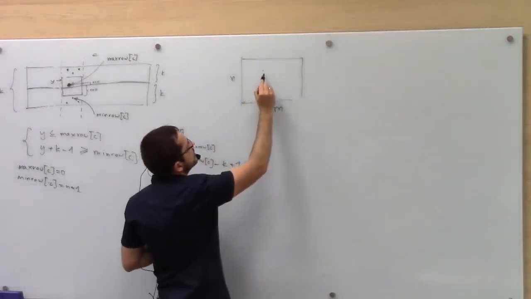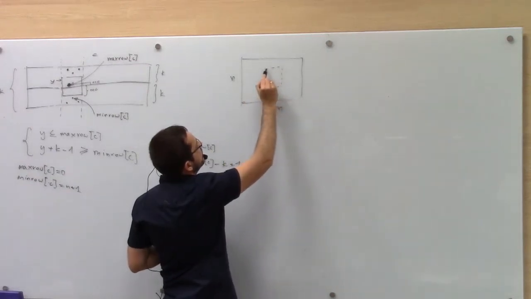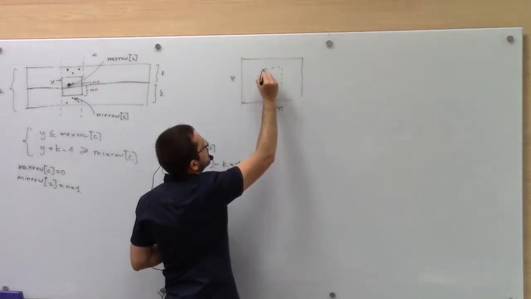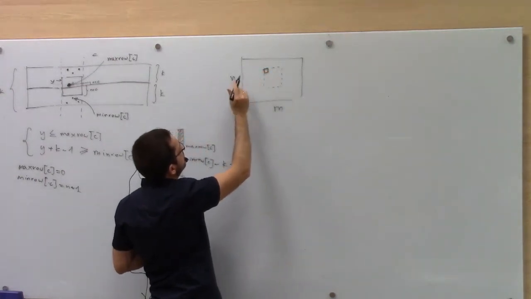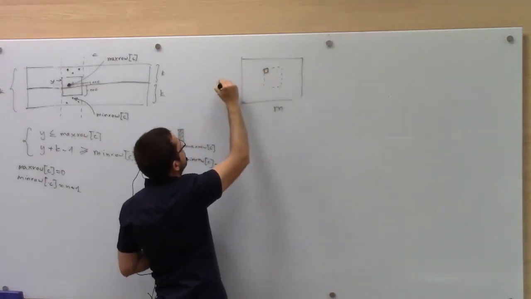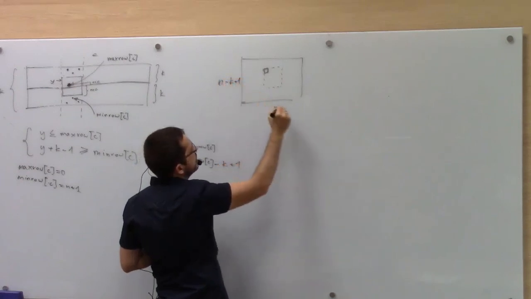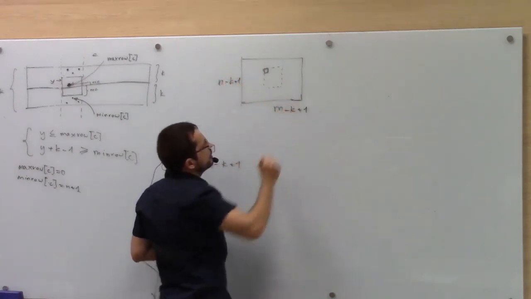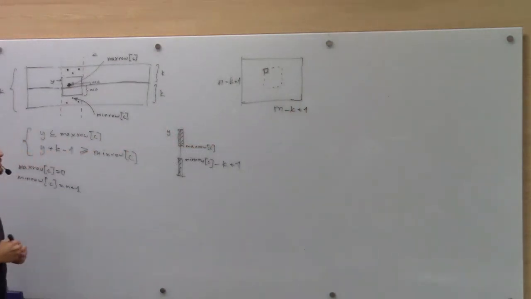So, for instance, if this square is located here, actually this array is a little bit smaller, n minus k plus 1 by m minus k plus 1, to store all of the squares.